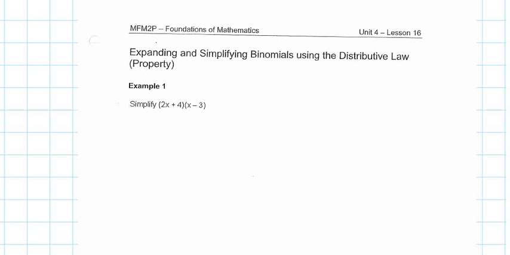You have to actually multiply the 2x by both the terms, the x and the minus 3, and then multiply the 4 by both the x and the minus 3. Yes. So this is a binomial. It's called a binomial because it's two terms. Bi means two. So it's a binomial multiplied by another binomial.